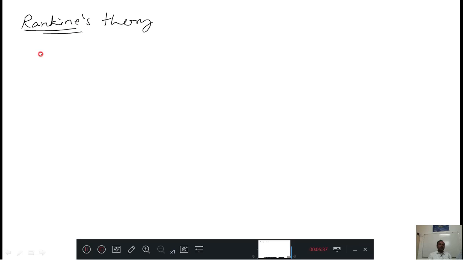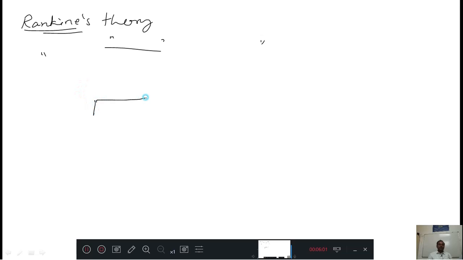This theory states that a material in a complex state of stress fails when the maximum principal stress in it reaches the value of stress at elastic limit in simple tension. The definition is there in your notes, which you can go through.